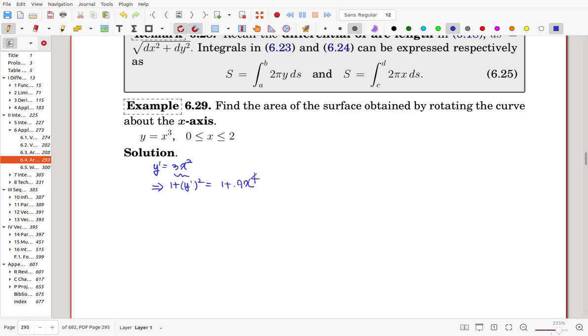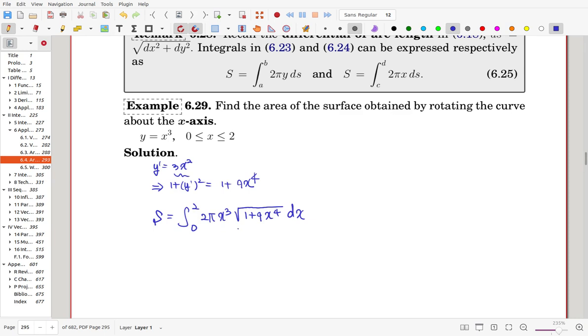Right? So the surface area will be the integral with x from 0 to 2 of 2 pi, y is x cubed, times square root of 1 plus y prime squared, which is 1 plus 9x to the 4, with x directional integration.